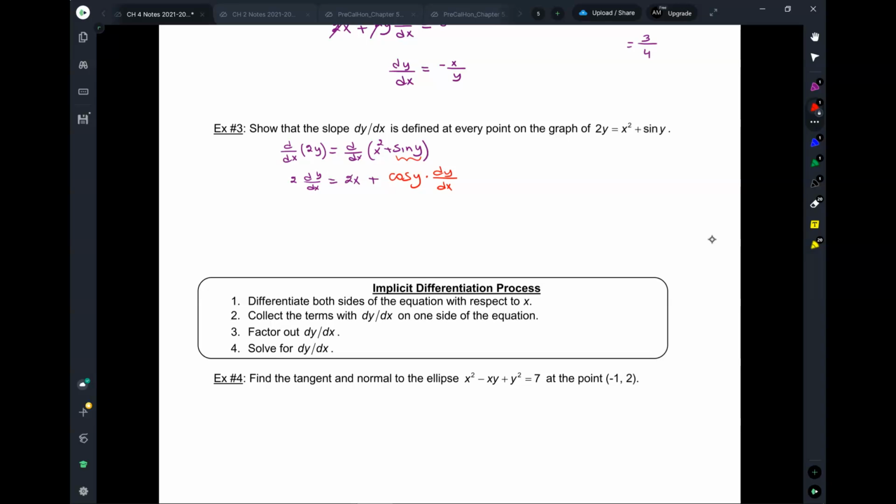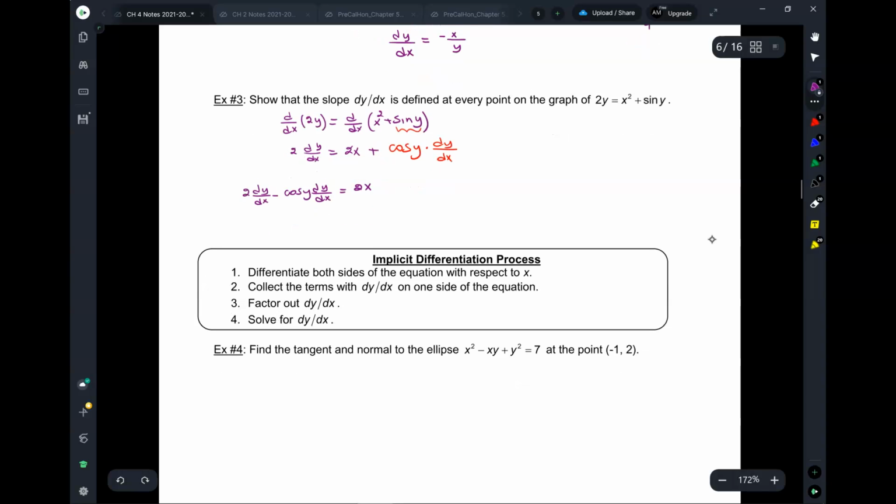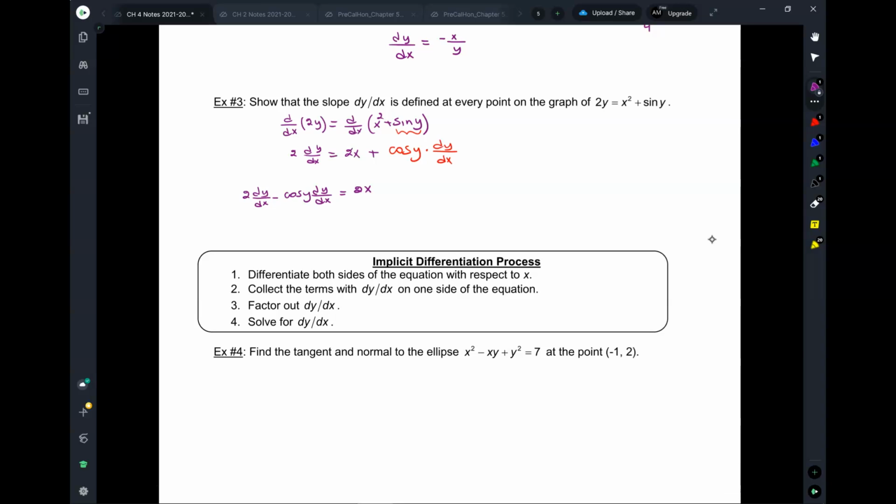Okay, now we have to solve for dy/dx. So whatever term has a dy/dx, we have to bring it to the same side. So it's 2 dy/dx minus cosine y dy/dx is equal to 2x. Okay, I brought the red term here. Now, can I factor out a dy/dx? I mean, I can, that's not a trick question. I factor out a dy/dx, so I have dy/dx times (2 minus cosine y) equal to 2x.